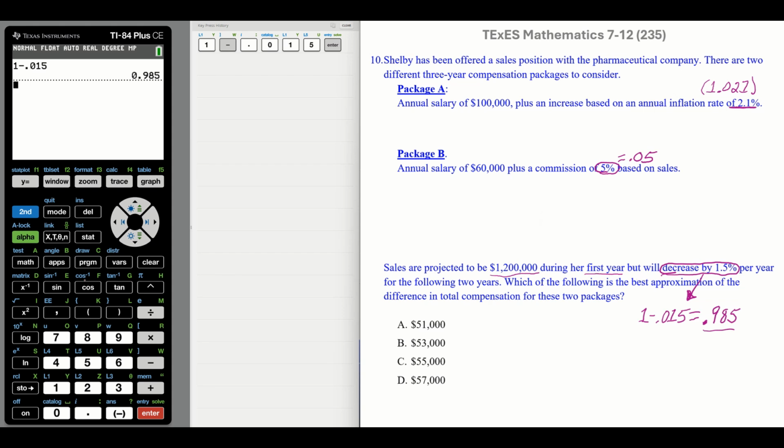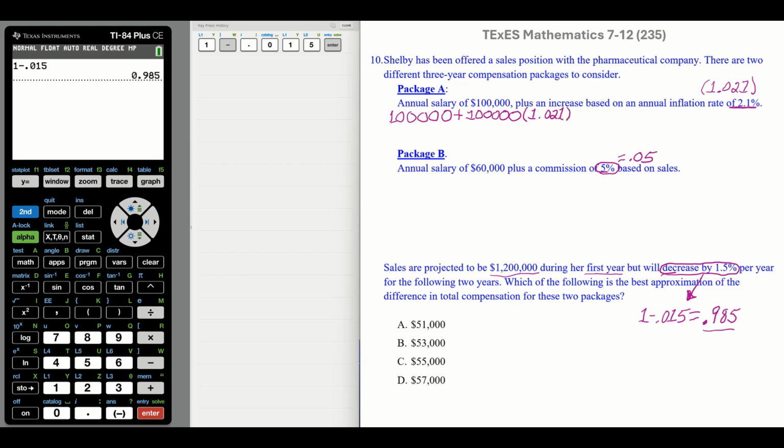Okay. So what do we need to do here? Year 1, 2, 3, 4, 5. Annual salary as is. No increase. Year 2. 1, 2, 3, 4, 5 times the increase, 1.021.